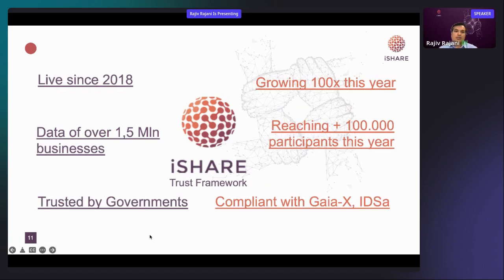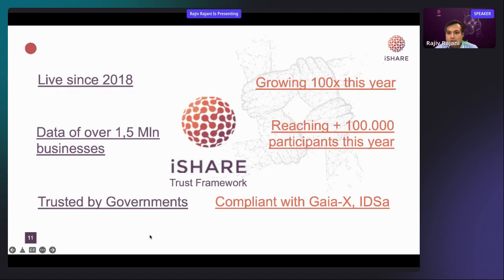A few facts about the iShare Trust Framework. It's live since 2018, with data over 1.5 million businesses being shared using this framework. It is trusted by governments, so government organizations are also adopting the framework for exchanging data.